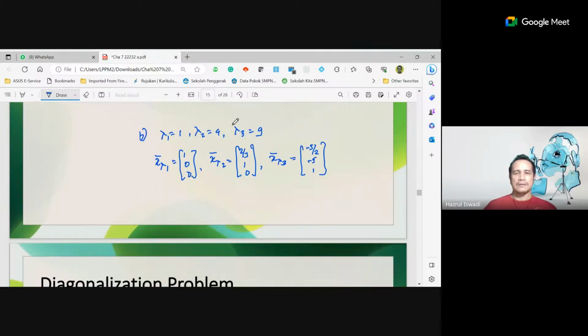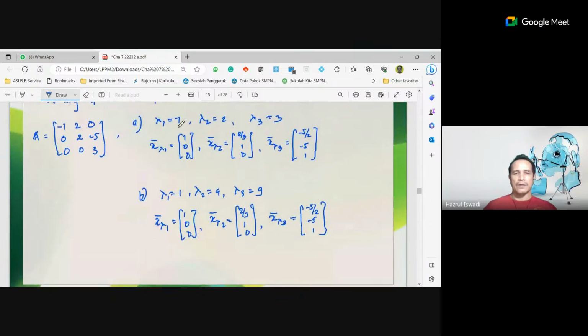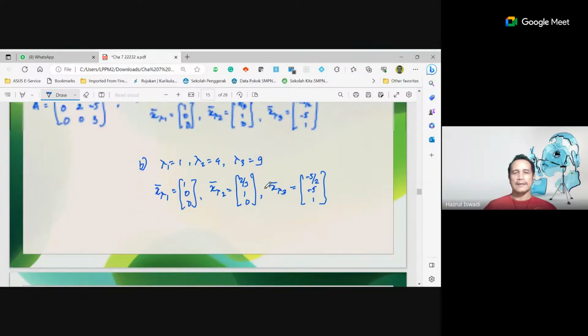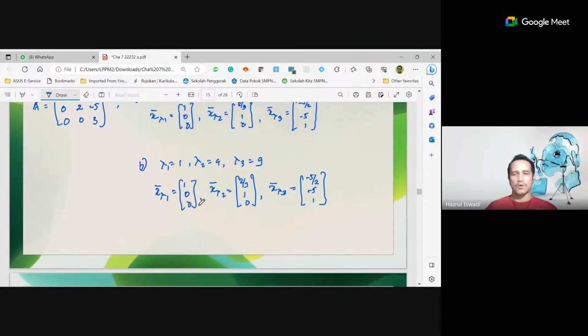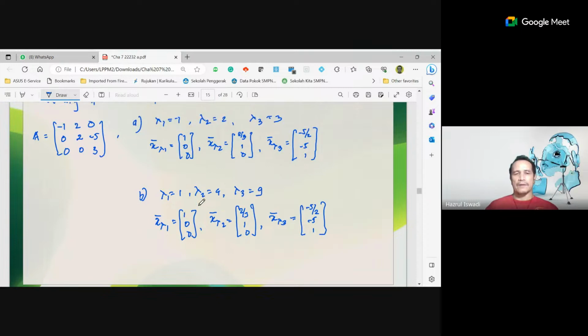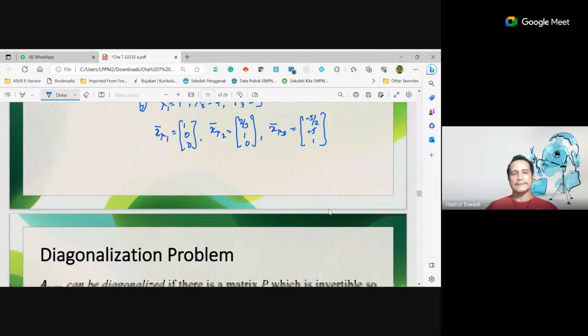And these are the eigenvalues for A squared. Square each of the eigenvalues of A, and we have 1, 4, and 9. The eigenvectors of A squared can be found from the eigenvectors of A. Just copy the eigenvectors of A. This is the eigenvectors of A squared.